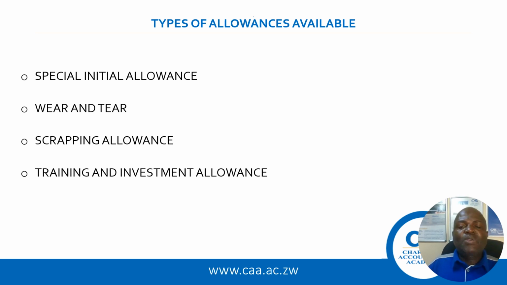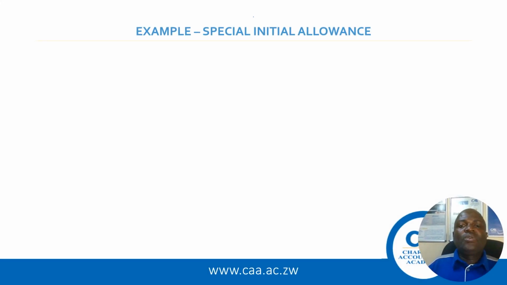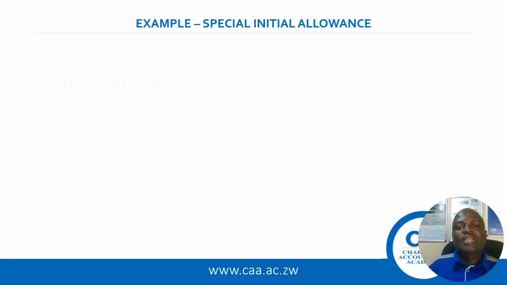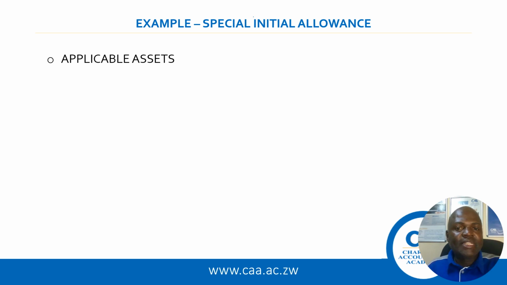Let us pick one, which is the special initial allowance. The fourth schedule will say which assets are applicable. So it will scope certain assets out, like your commercial building. You cannot get special initial allowance on a commercial building.